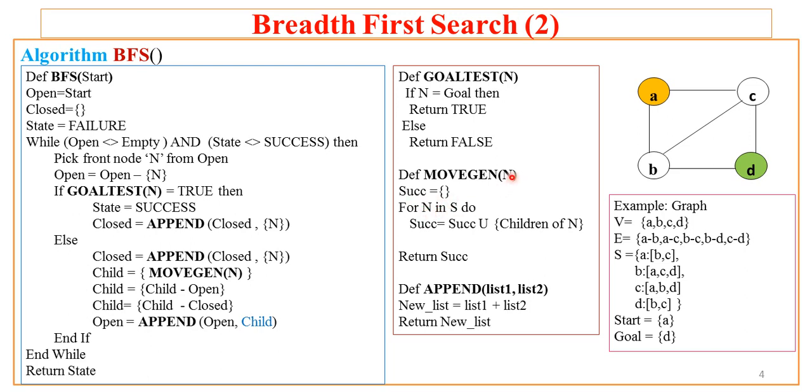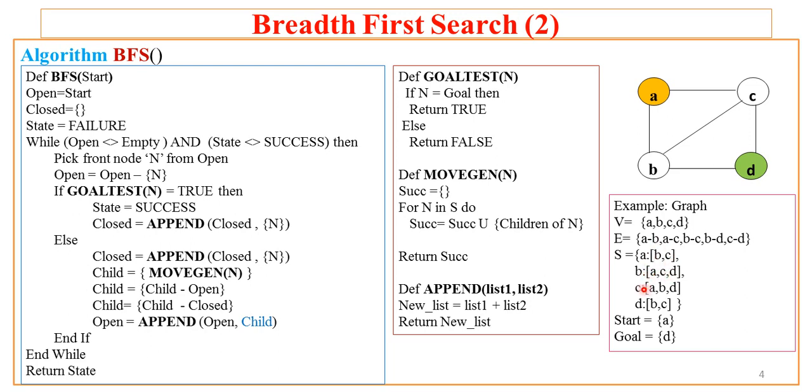Then whatever node for which we want to find the successor is first checked in the search list S. Now what is the search list? It contains all the nodes of the given graph, and for each of these nodes the successors of that particular node are maintained as a list. For example, A has B and C as successors, B has A, C, D.